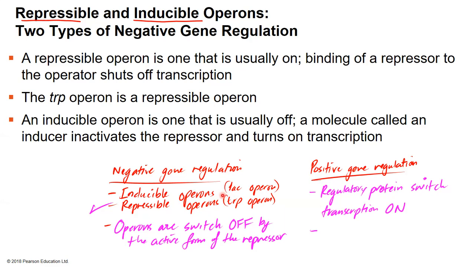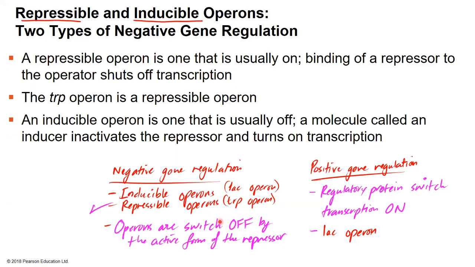The lac operon, which is an example of an inducible operon, can function in both fashions, negative and positive gene regulation. As we will see today, the lac operon also could operate in this positive gene regulation fashion.